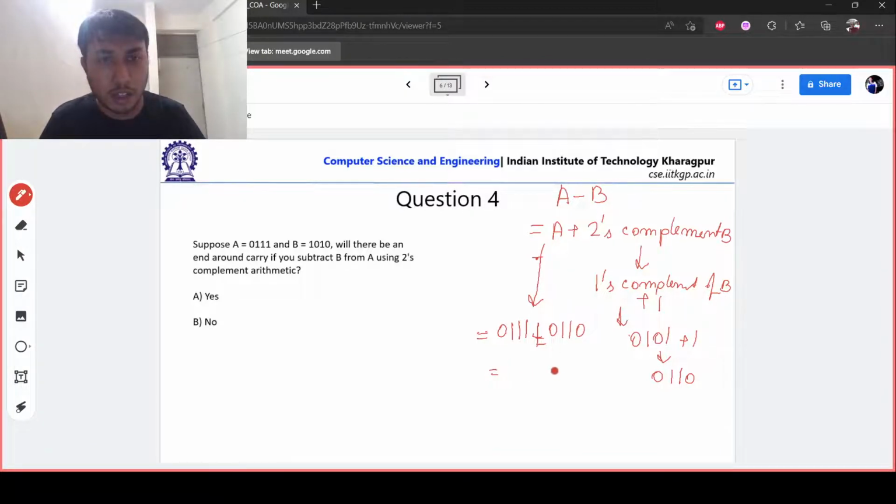The answer here is... sorry, it will be 0. 1 plus 1 is 0, carry is 1. Again 1 plus 1 is 0, carry 1. So no carry is getting generated.